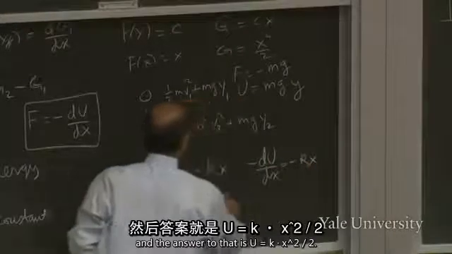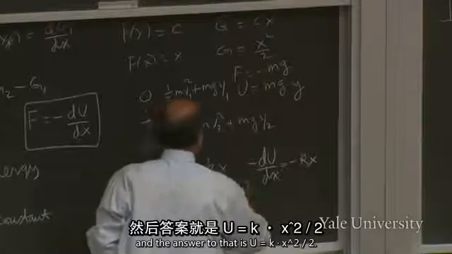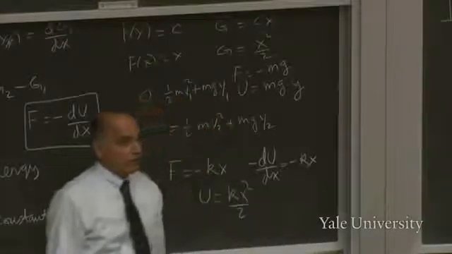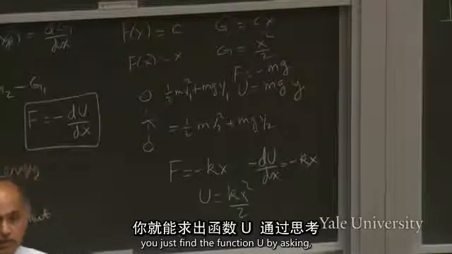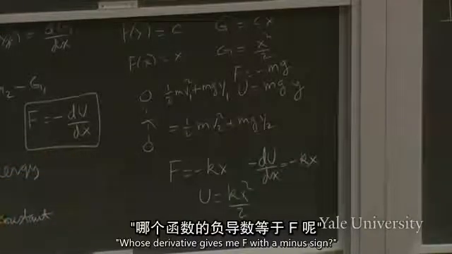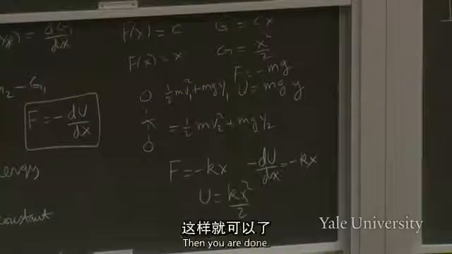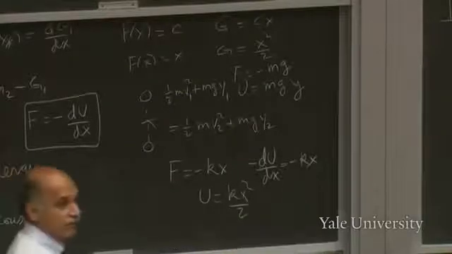And the answer to that is U is kx squared over 2. So if you knew the force, you just find the function U by asking whose derivative gives me F with a minus sign, then you are done. That's the potential energy for that problem.